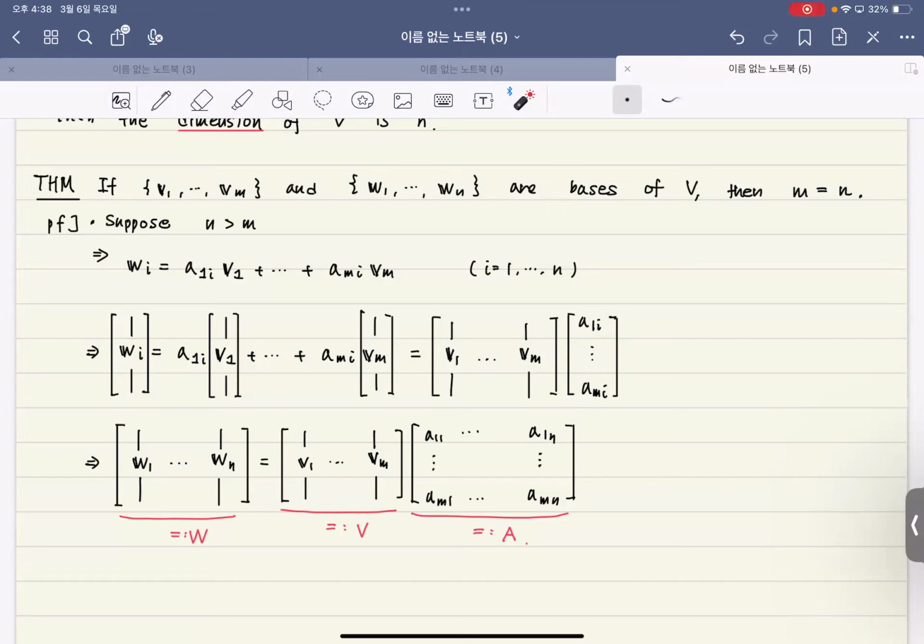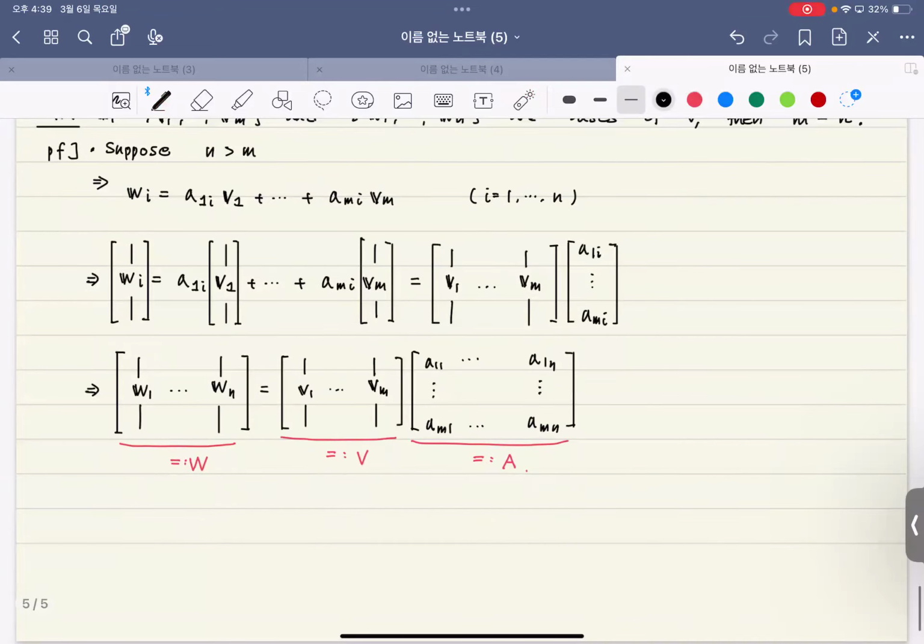Column vectors being linearly dependent means the null space of A has some non-zero vector. So the null space of A is non-trivial, so there is a non-zero vector.